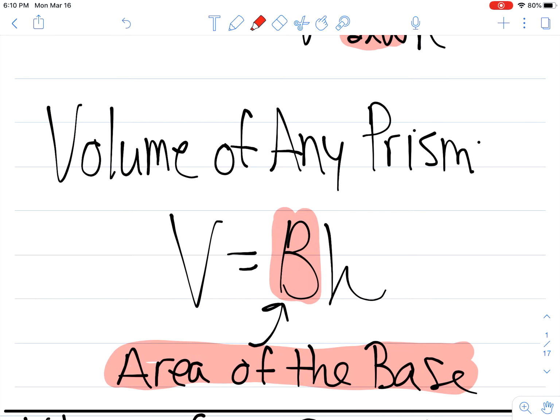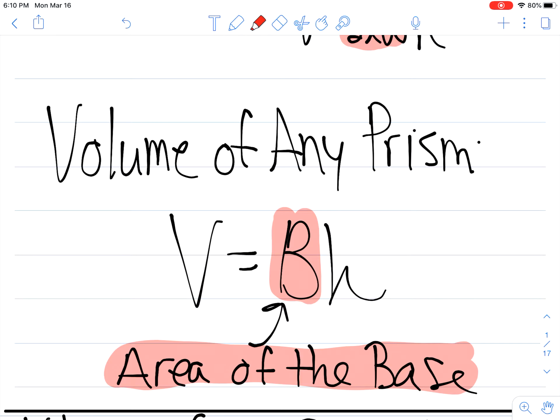So it doesn't matter if the base is a triangle, a square or rectangle, or even a pentagon or a hexagon. As long as we can figure out the area of that base, or if it's given to us, we can still find the volume of the prism, because we can just plug that number in for capital B and multiply by the height.